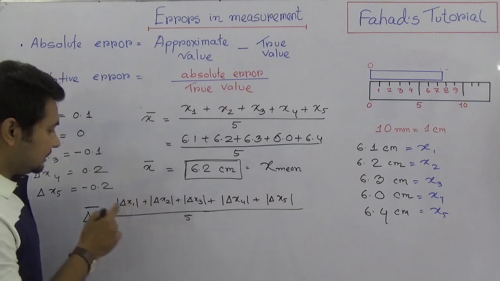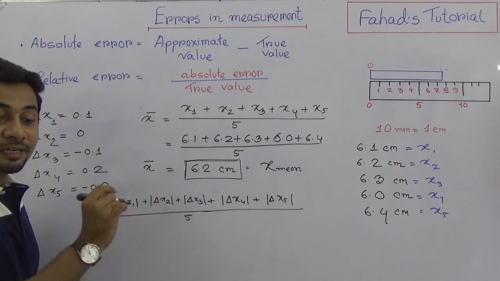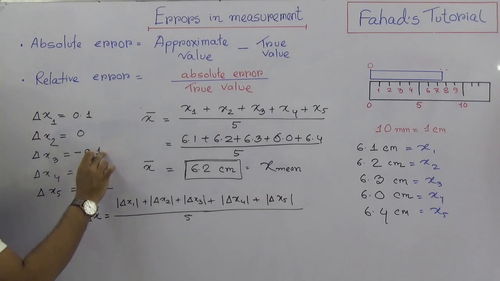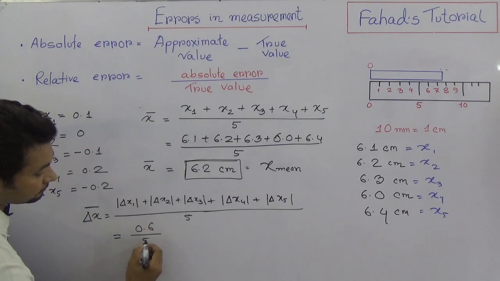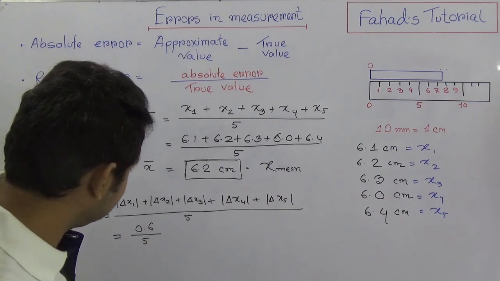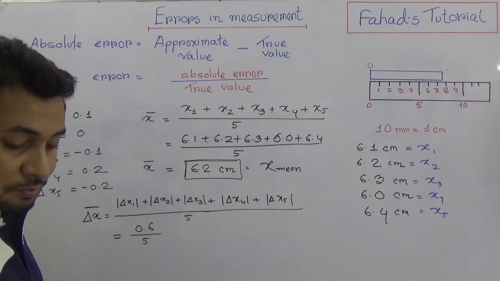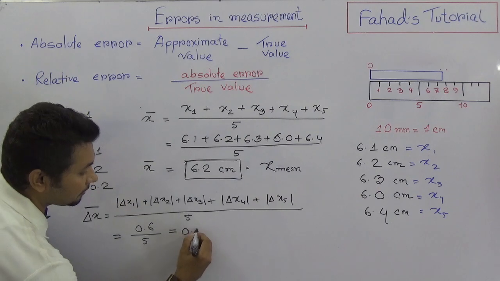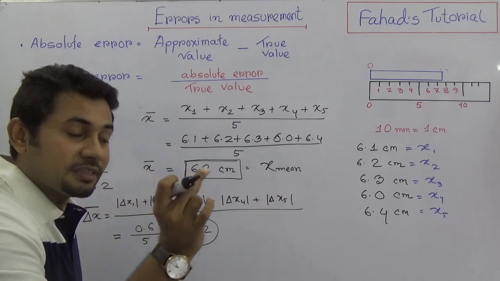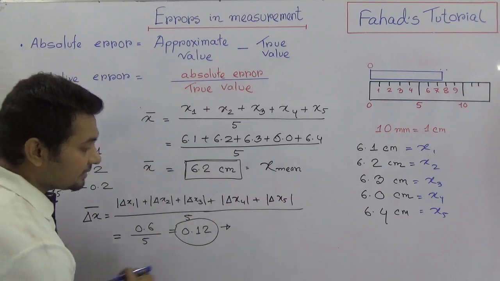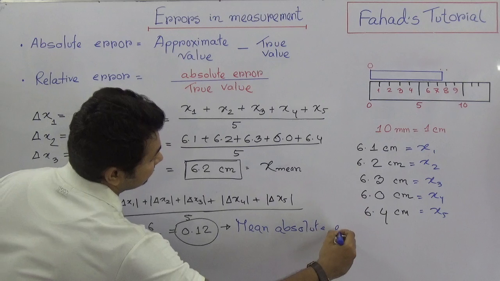The bar means we don't need to hesitate with the negative values. We just need to find the differences in between. So this is 0.1, 0, 0.1, 0.2, 0.2, together 0.6 divided by 5, which is 0.12. And this is the mean absolute error.